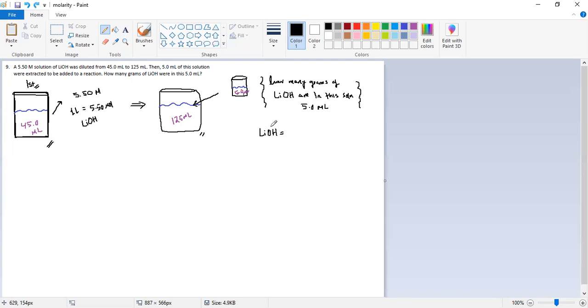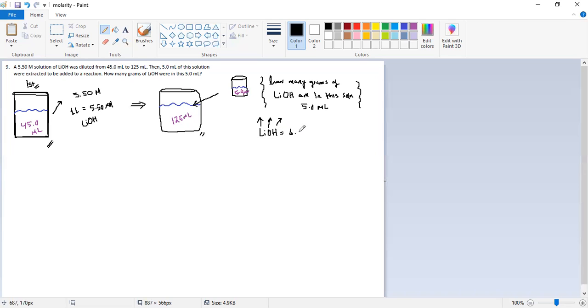So for LiOH, lithium has an atomic mass of 6.94, oxygen has 16, and hydrogen has 1.008.